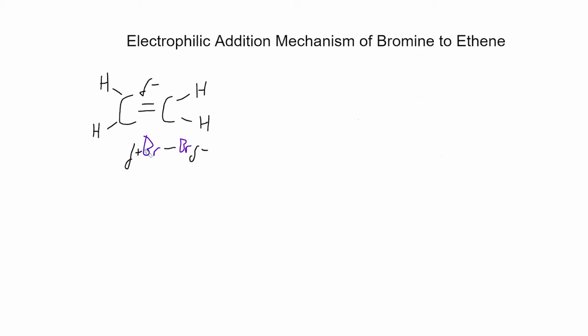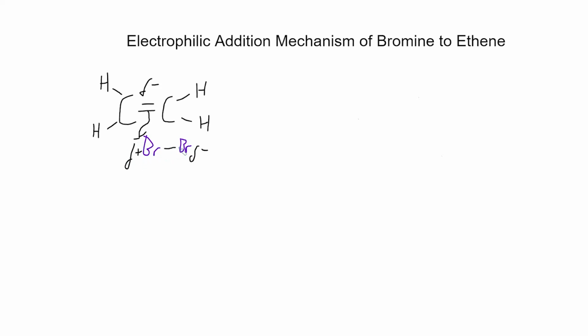The delta negative double bond attracts the delta positive bromine atom and the double bond breaks, causing the electron pair that formed that double bond to be given to the delta positive bromine atom and form a carbon-bromine bond. But hold on, bromine can't form two bonds.